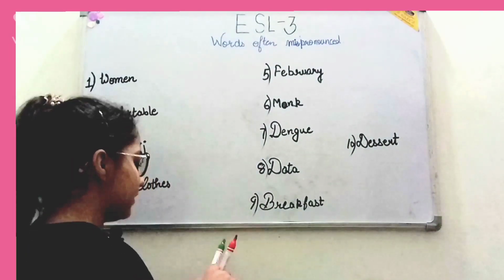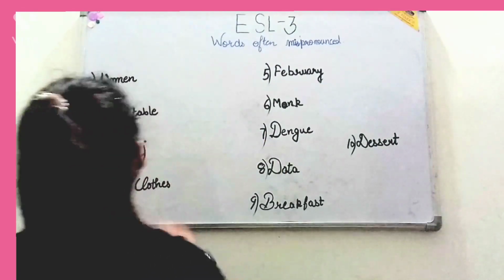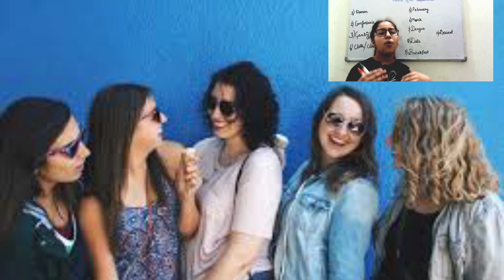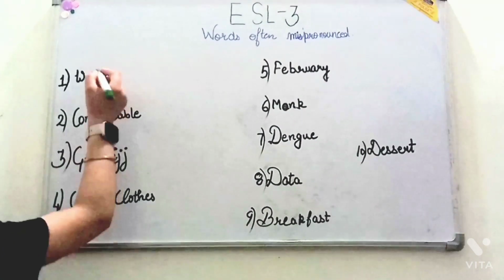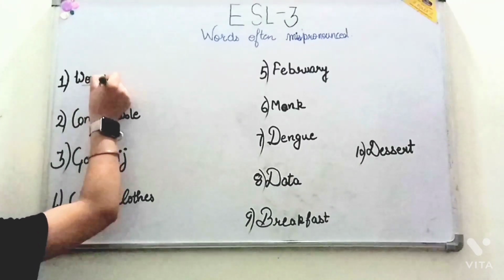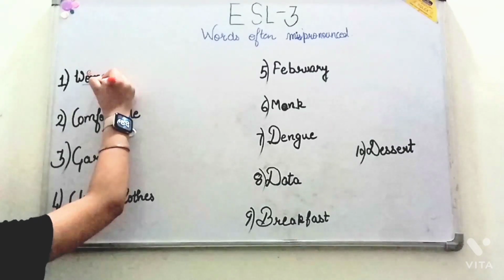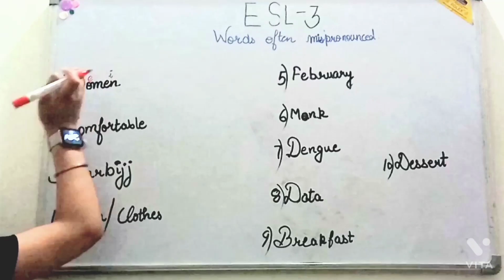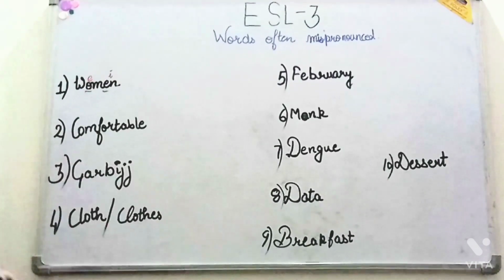In today's ESL, we are going to start with words often mispronounced. Number 1, this word we mostly pronounce as woman, which is incorrect. Woman is not the correct pronunciation. Instead of O, we are going to use E, and instead of E, we are going to use I. So let us write the full word with the correct pronunciation.